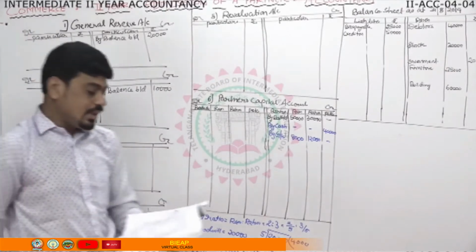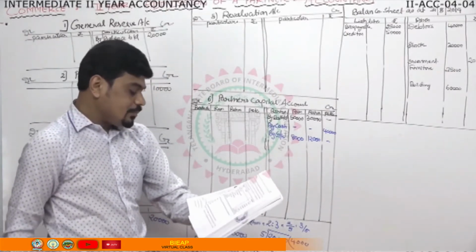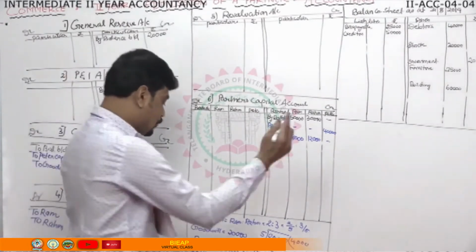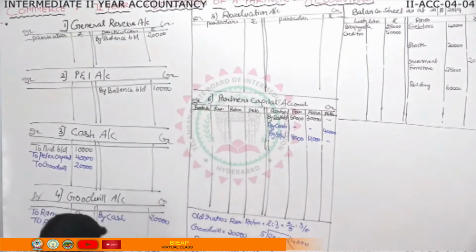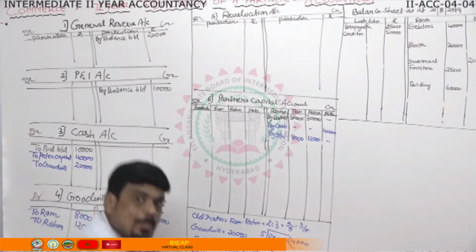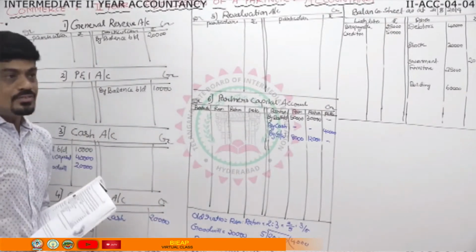Now come to the next adjustment. The next adjustment says depreciate furniture by 5%. So you can calculate here the depreciation on furniture. What is the amount of furniture we have? 25,000, 5%, 5 by 100. Zeros cancel, 1,250. So depreciation on furniture is 1,250.